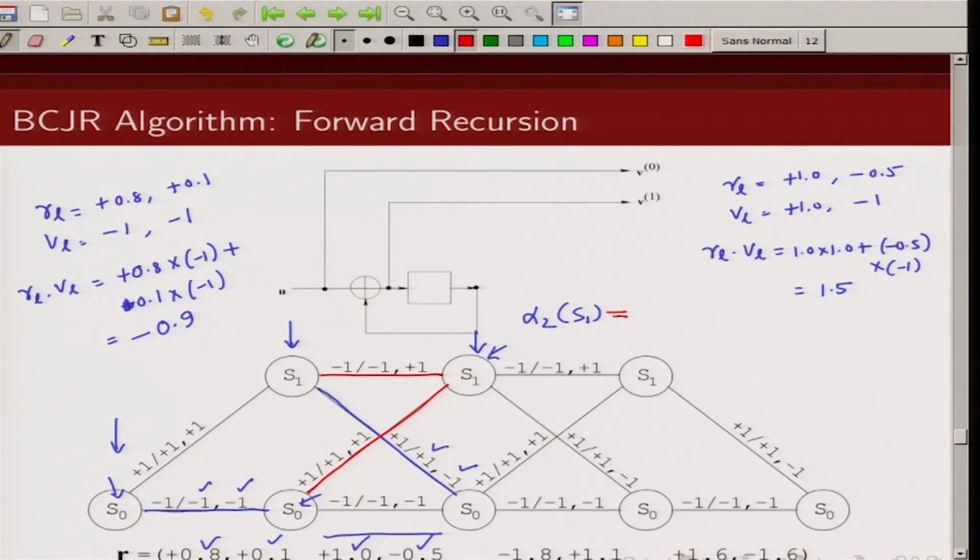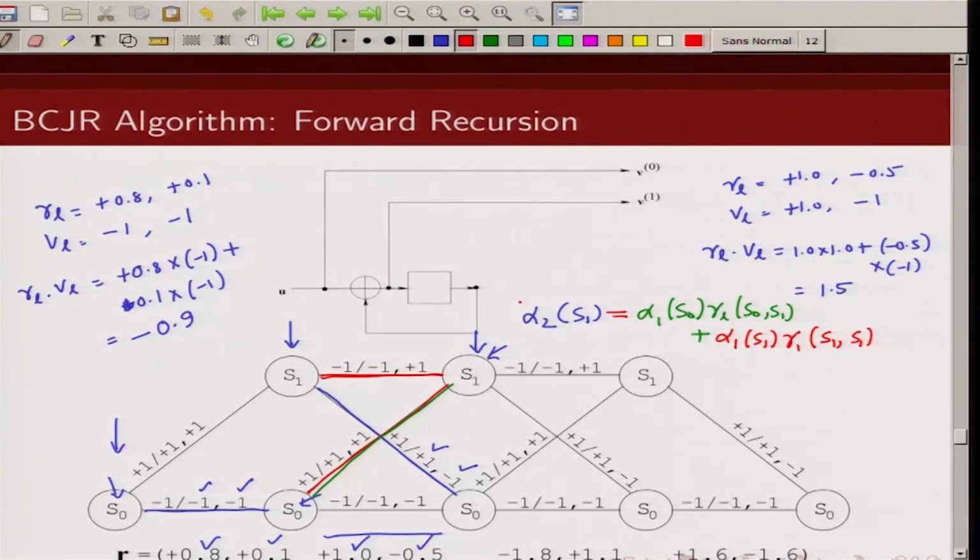So, there will be two terms in the alpha computation, one corresponding to this transition, which is given by alpha at time 1 S0 into gamma 1 S0 S1, plus another term corresponding to this transition, alpha 1 at state S1 times gamma 1 initial state S1 next state S1.